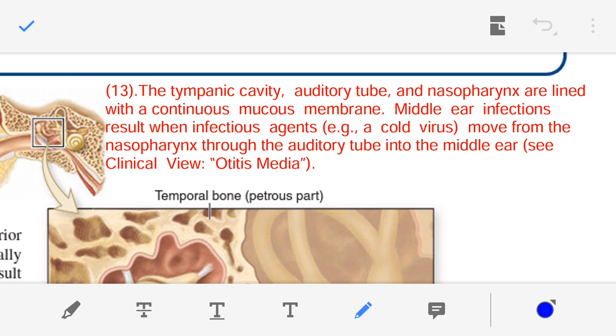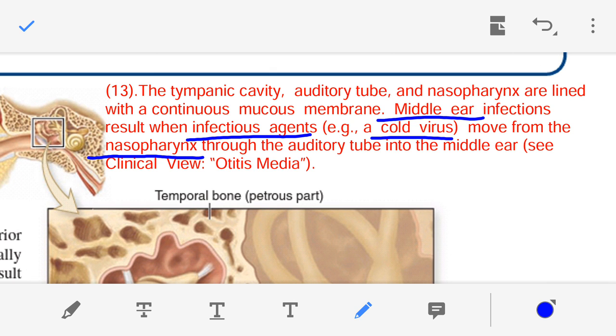Now sometimes in some patients, infectious agents from the nasopharynx, for example the cold virus, enter the middle ear and spread infection in the middle ear.